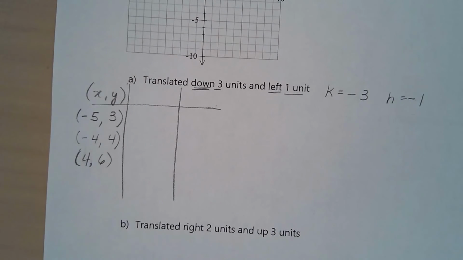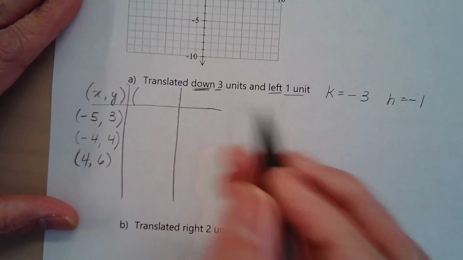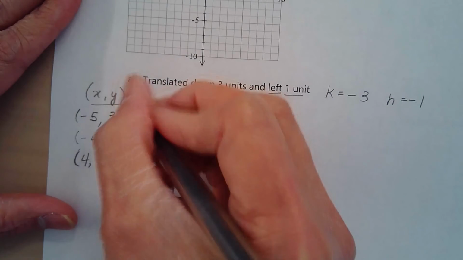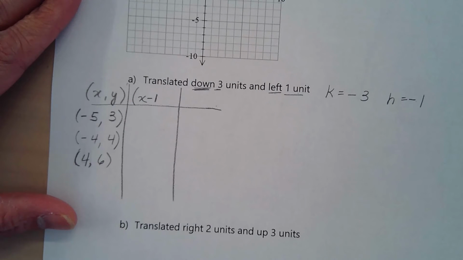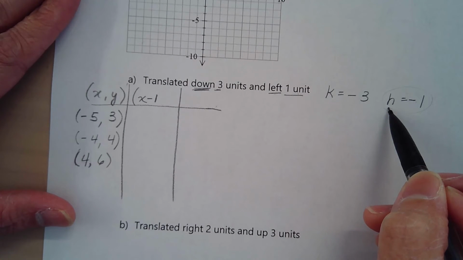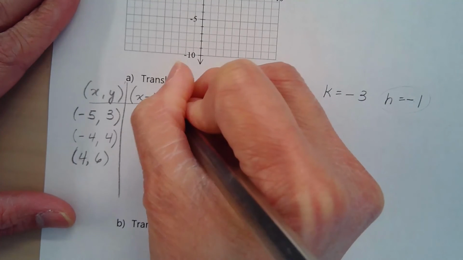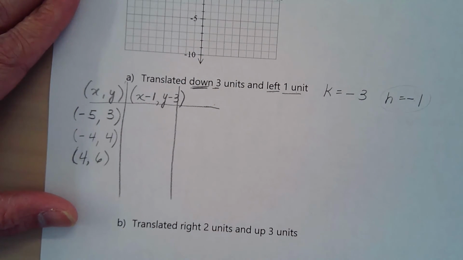So what's our mapping here? Okay. So x minus 1, right? Because h is affecting the horizontal, the -1. And then y minus 3.